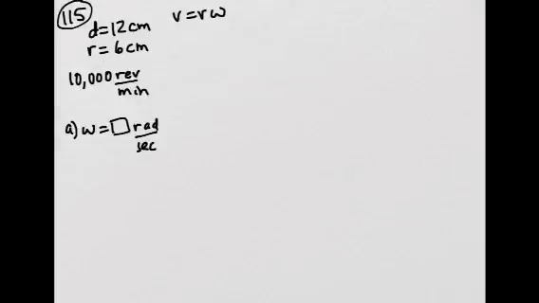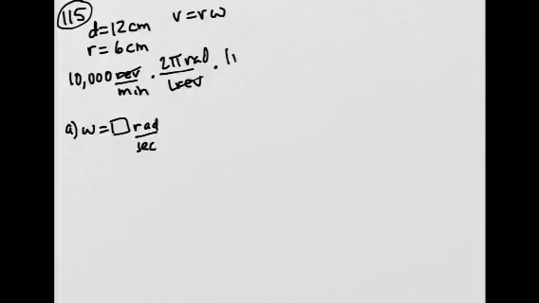So we need angular velocity in radians per second. We have the radius right here, 6 centimeters, and we have how many revolutions per minute. So I'm going to convert this. 1 revolution is 2 pi radians. So revolution cancels. And then minute, I've got to convert to seconds.